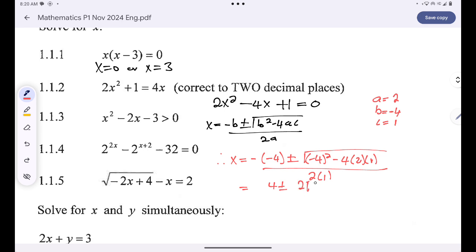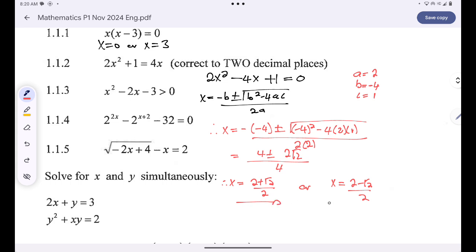That's just 2 root 2, all over, remember that, guys, the value of a is equal to 2, right? This entire thing is divided by 4. So therefore, x is equal to 2 plus root 2 all over 2, or x is equal to 2 minus root 2 all over 2, guys.